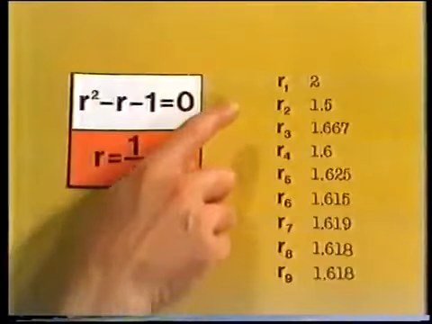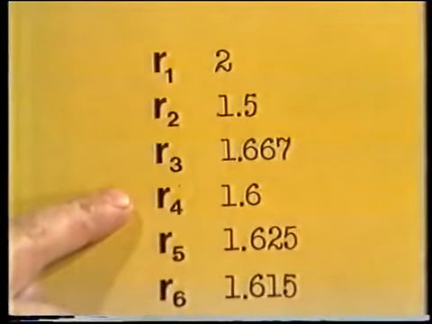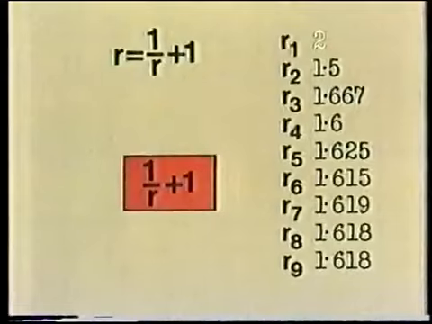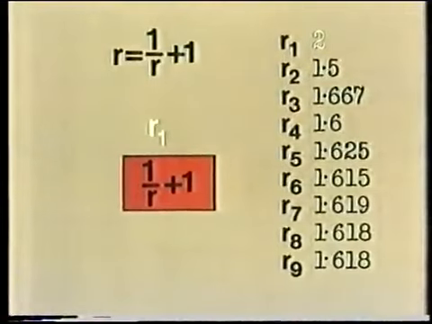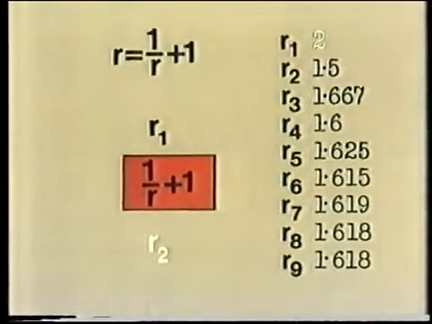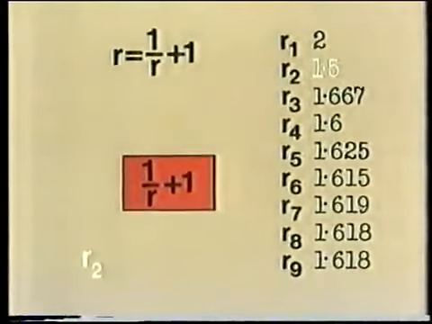Well, now let's concentrate more on the actual process of what's going on. This time thinking in terms of these symbols, but we'll keep the numbers alongside them just so that we can keep track of what's happening. First, we take a number, our value for R1. Then we take the expression on the right of our equation and we evaluate it by replacing R by R1. We take the output and repeat the process. That's to say, feed it into our expression again.